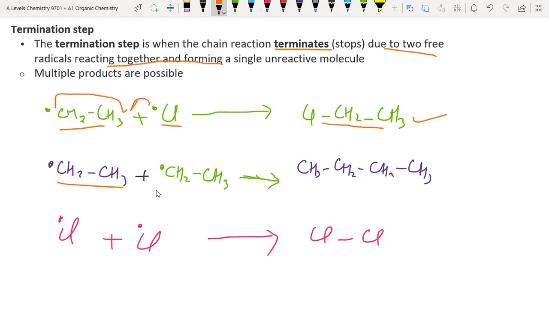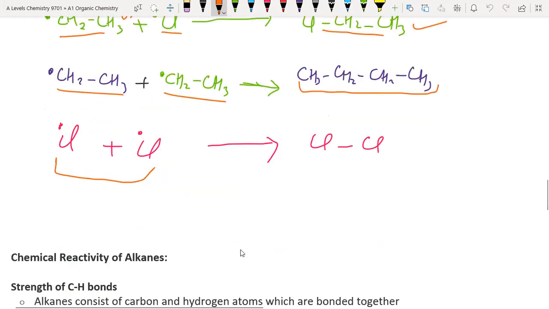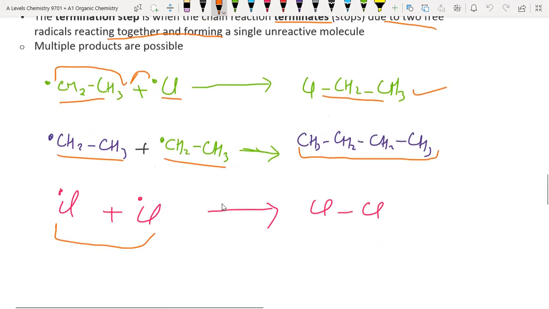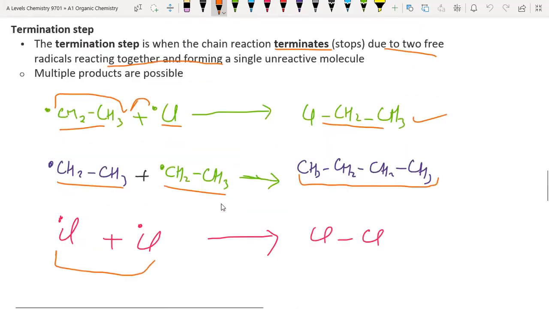Similarly, two ethyl radicals will react to form butane, or a chlorine radical will react with another chlorine radical to form a chlorine molecule. Similarly, it can occur with bromine. This was the free radical substitution mechanism.